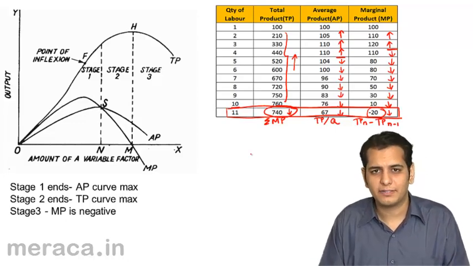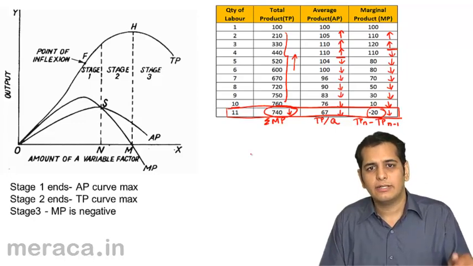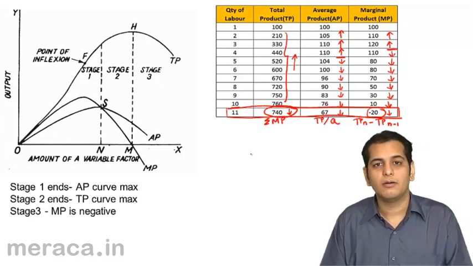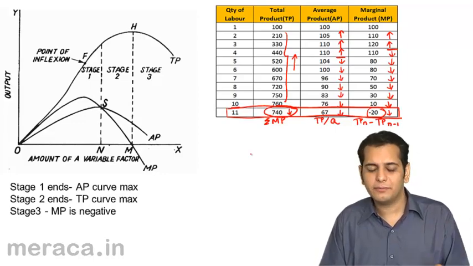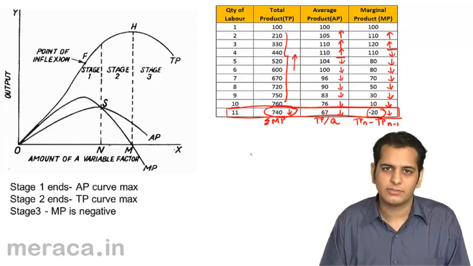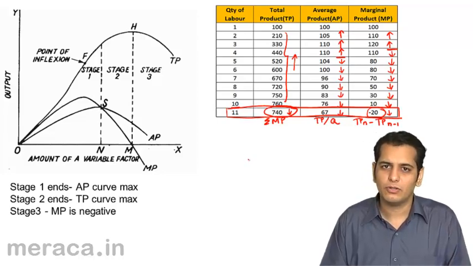Whatever the variable factor may be, it may be output, it may be a factor of production, it may be the amount of money, it may be the price level. Whatever is variable is generally taken on the x-axis, and the other factor or element is taken on the y-axis.